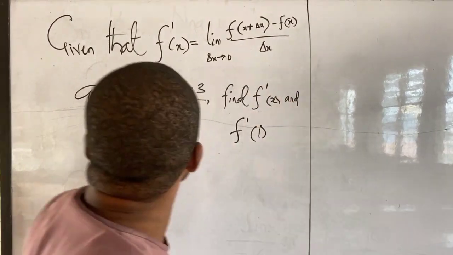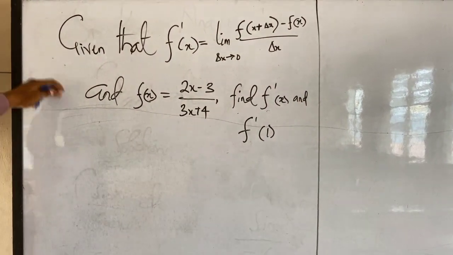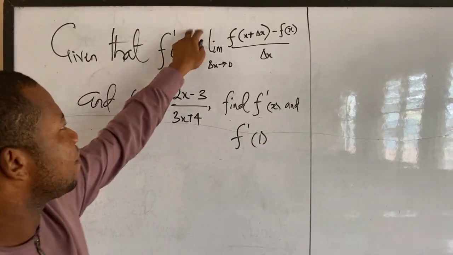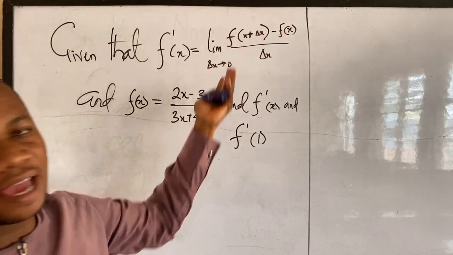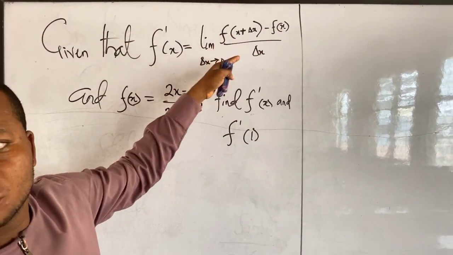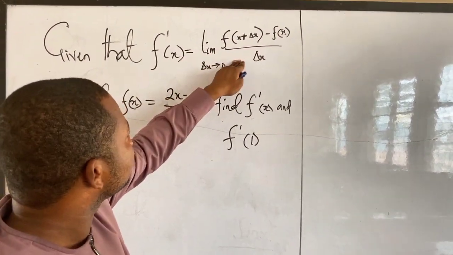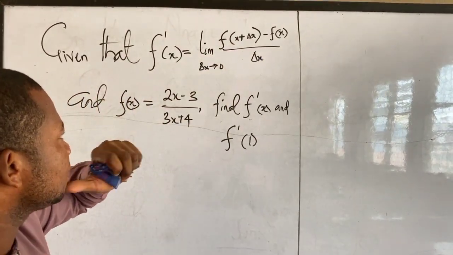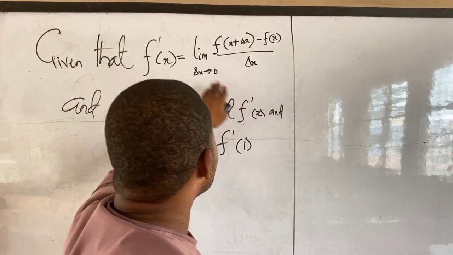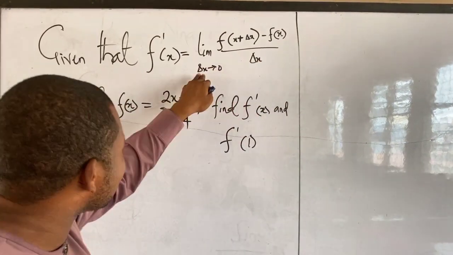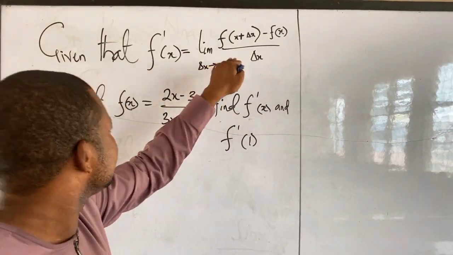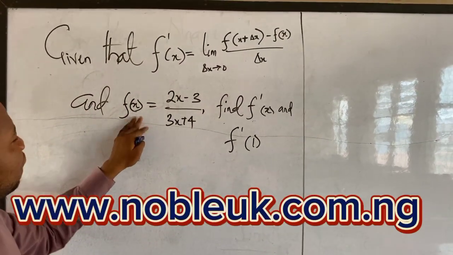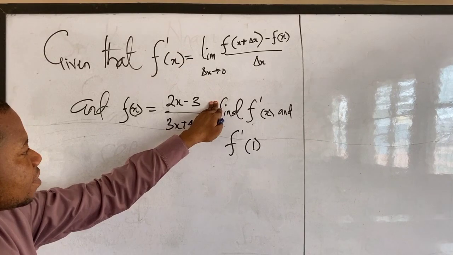So now let's look at this question. It said, given that f prime x, this f prime x means dy dx, is equal to the limit of f of x plus change in x minus f of x, all divided by change in x, as change in x tends to 0, and f of x is given as this.